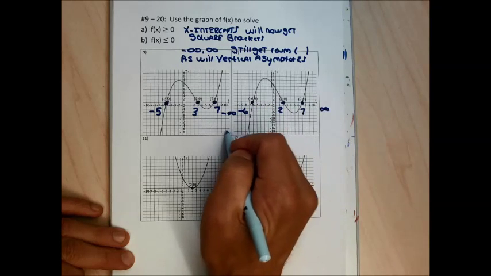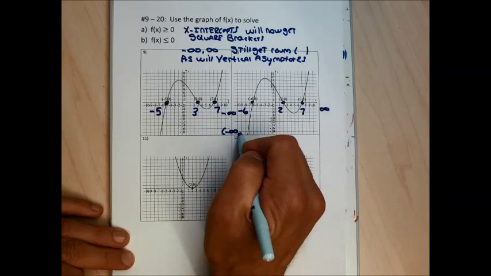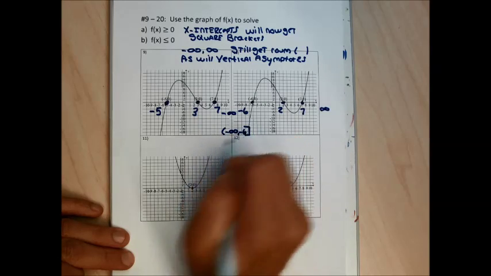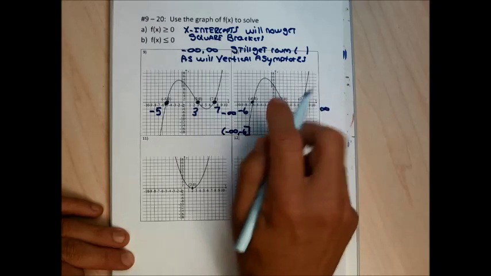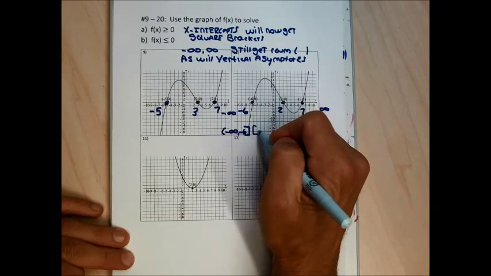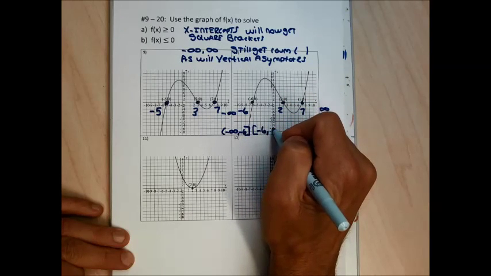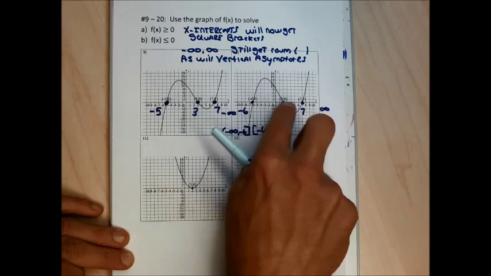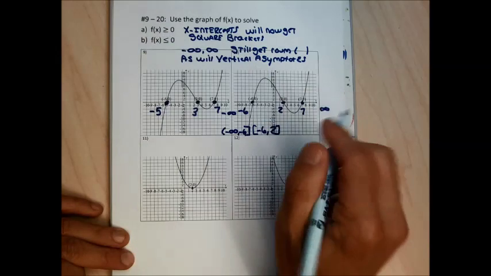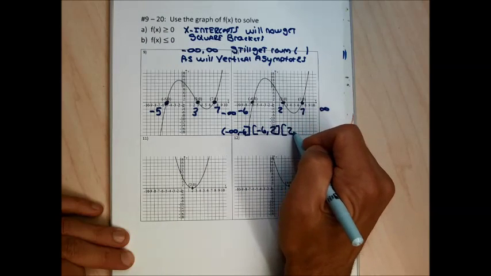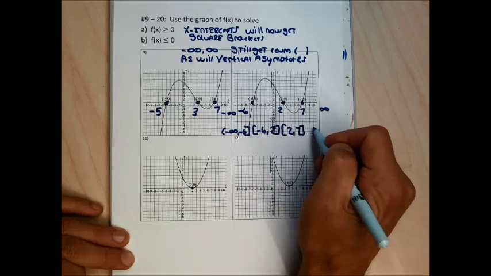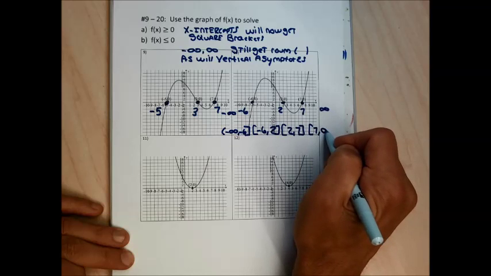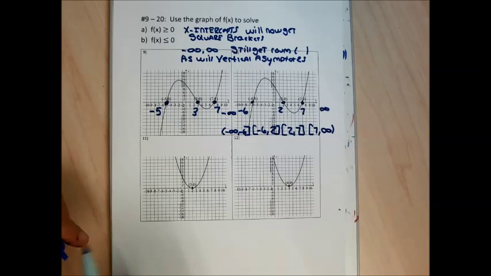The intervals I'm going to create are -infinity to -6, square bracket now on the 6 because of the or equal to, and then -6 to 2, double square bracket because those are both x-intercepts and their y-coordinates equal 0, and then 2 to 7, double square bracket, and then 7 to infinity, square bracket on the 7, round bracket on the infinity.